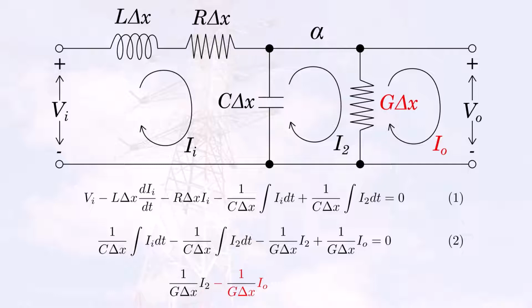This will be our output, and of course there's a contribution of the output voltage Vo, which we indicate here, and following the signs of this voltage, we'll have a negative sign on this one, and that will be equal to 0, and that's our third equation.